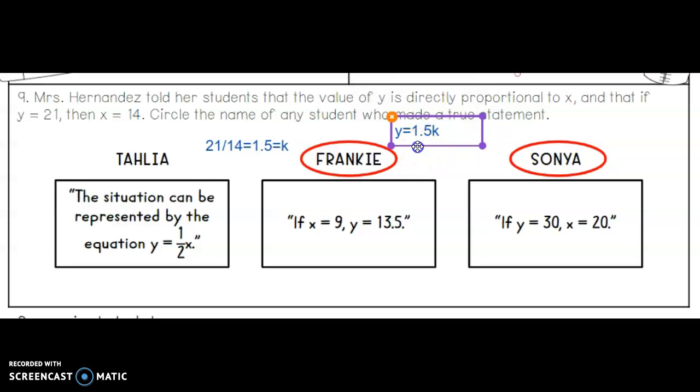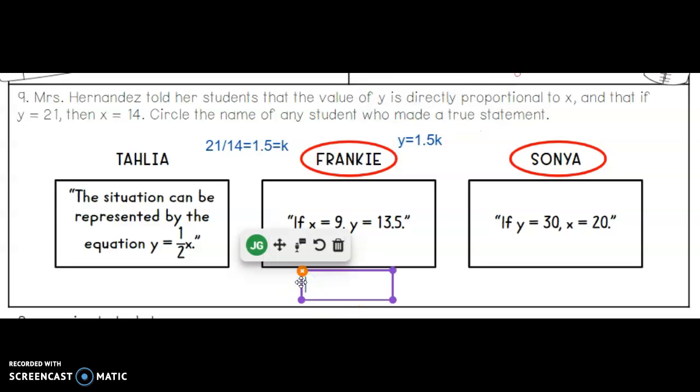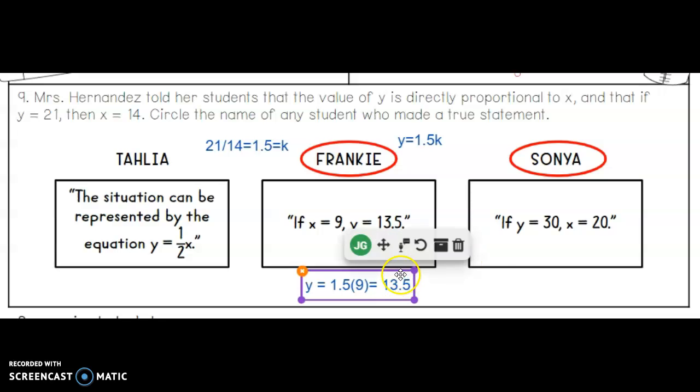So if I use that equation and I plug in the values that Frankie has given us in their description, we will have y equals 1.5 times 9. And if you key that into your calculator, you're going to see that it does, in fact, equal 13.5. So Frankie is true.